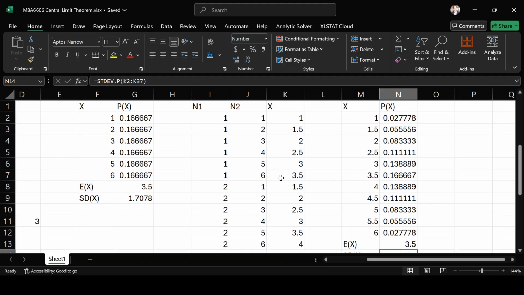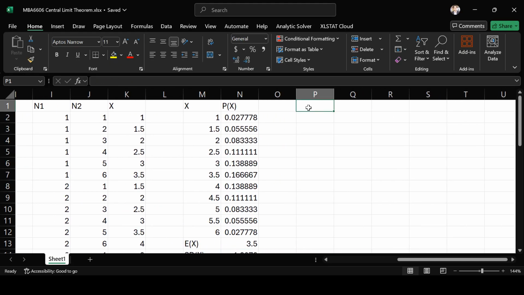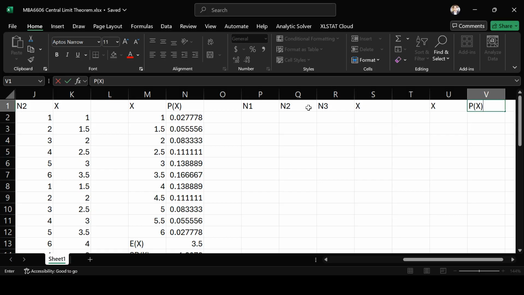Let's conduct this experiment for a sample size of 3. X, p of x.